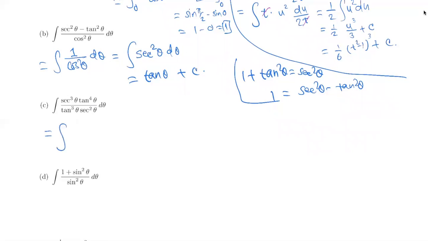Same for tangent: three copies cancel, and one copy is left. So we get secant theta times tangent theta. Then you need to know this one: secant theta tangent theta is the derivative of secant theta. That means the antiderivative of secant tangent is secant. This is just the formula.